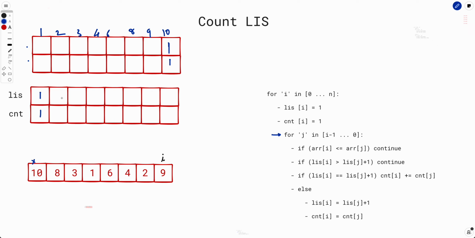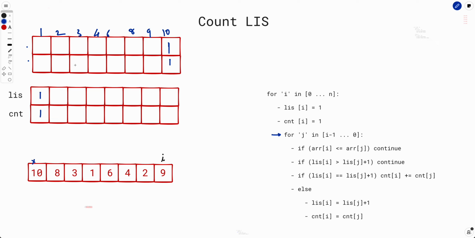After that, 8. So again for 8 you will go to the mapped position of 8, right? And you will know, okay, all these elements are smaller than 8, so you will just do a range maximum over here, and whatever the value of the range maximum is, you will do a range sum over this.